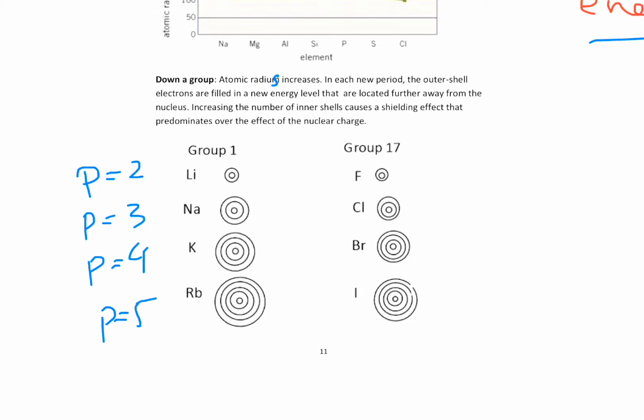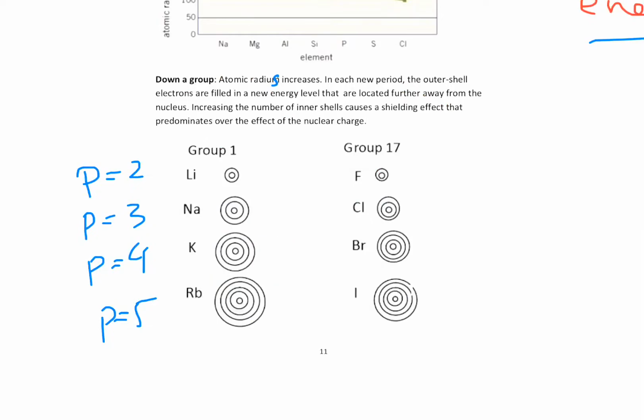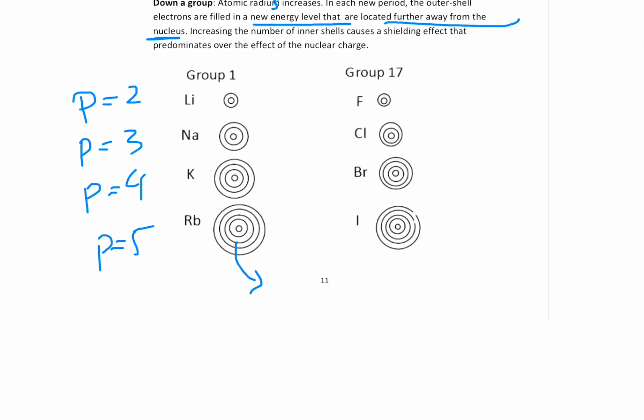So the outermost shell, there is one more outermost shell. So we're filling electrons in a new energy level further away from the nucleus, which means that there's going to be more shells. So if we have more shells, it means there is more shielding effect.